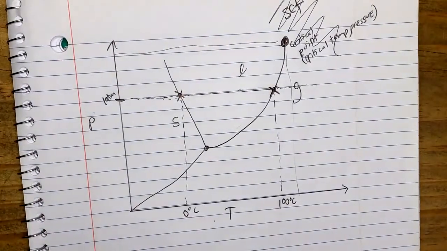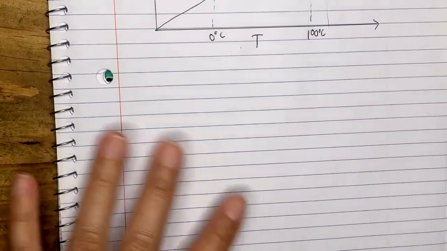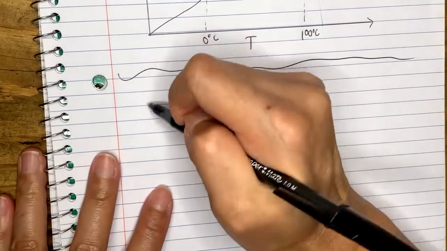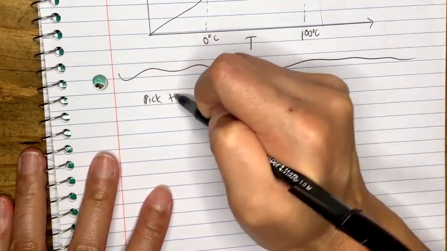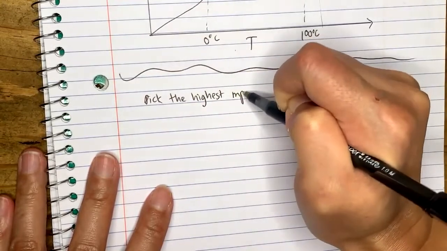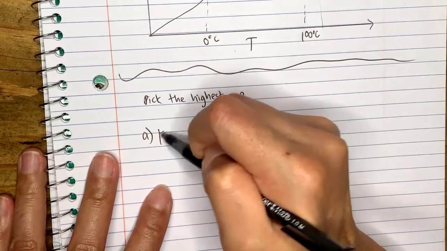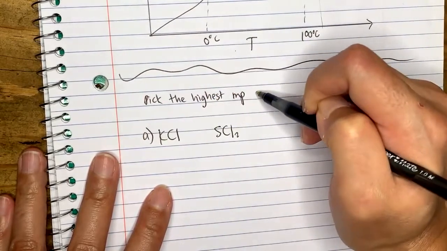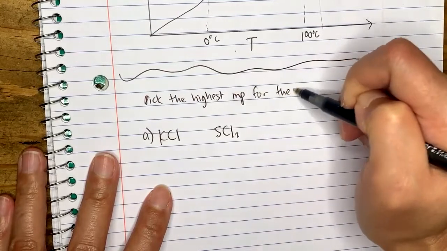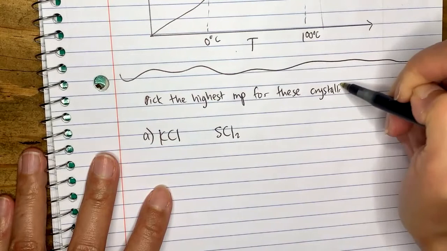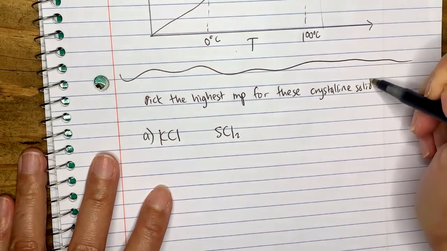Okay, so I wanted to show you, I'll list out a few solids here and you tell me which one is higher melting point, okay? So pick the highest melting point. So the first one is KCl and SCl2 for these crystalline solids.